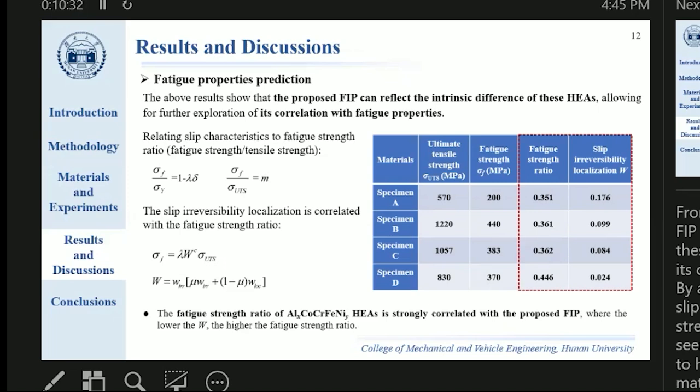Therefore, we build a correlation model between the W and the fatigue strength ratios.